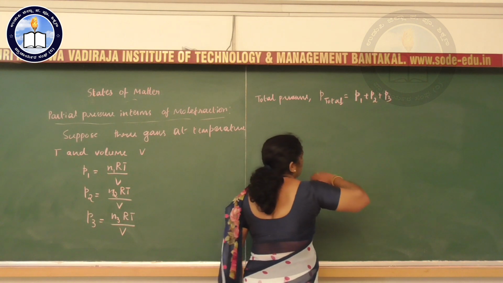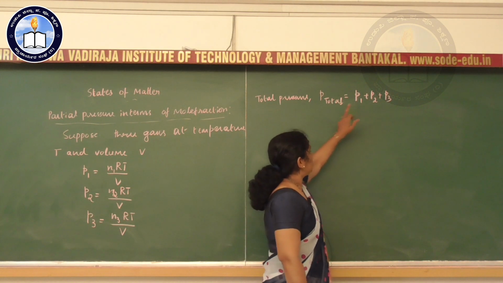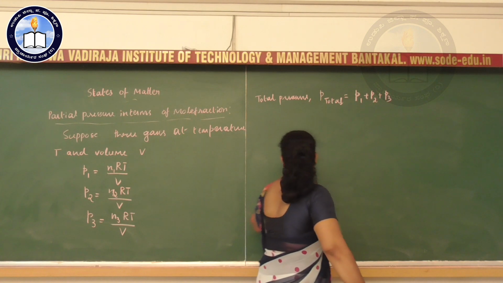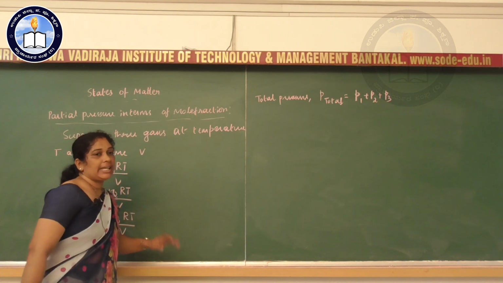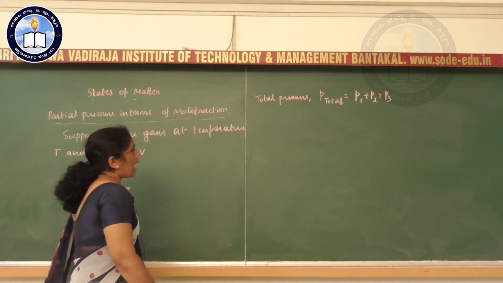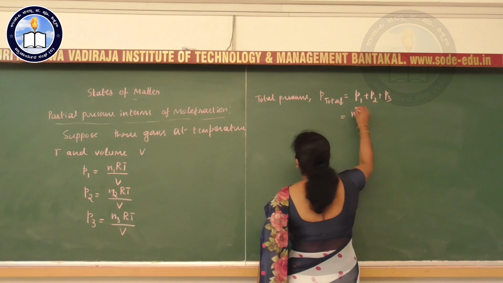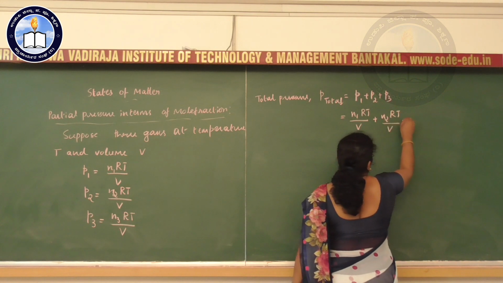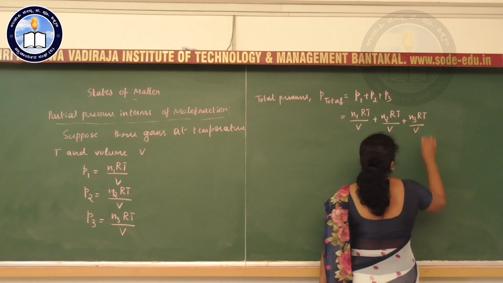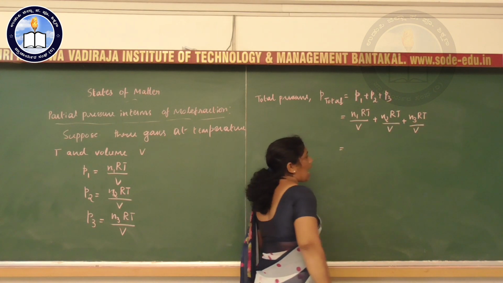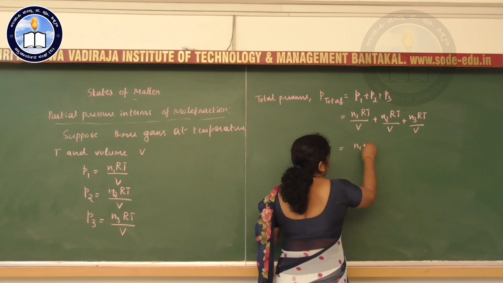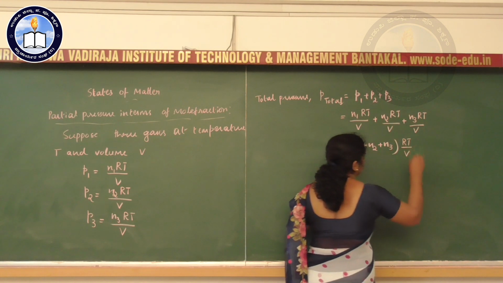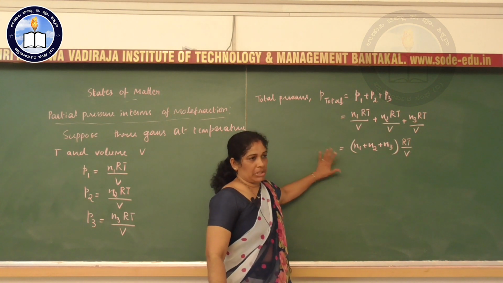Now, partial pressure of 1 is nothing but n1 RT by V, partial pressure of 2 is n2 RT by V, partial pressure of 3 is n3 RT by V. By adding all these, P total is n1 RT by V plus n2 RT by V plus n3 RT by V. I take RT by V as a common factor, so the remaining thing is (n1 plus n2 plus n3) into RT by V. So this is the expression for total pressure.